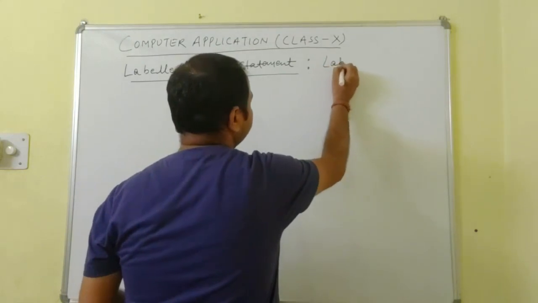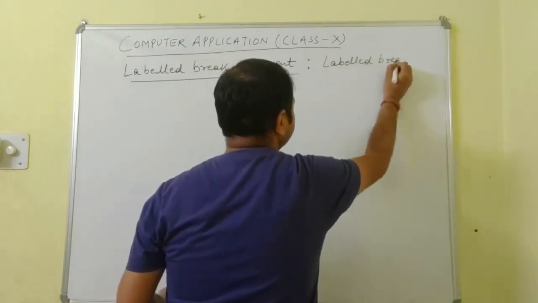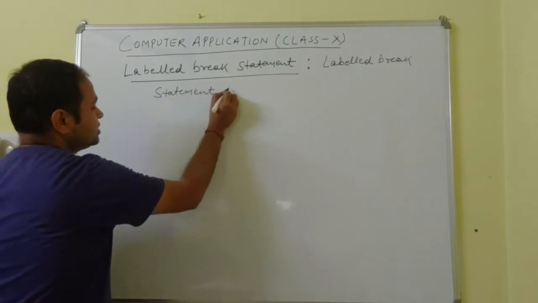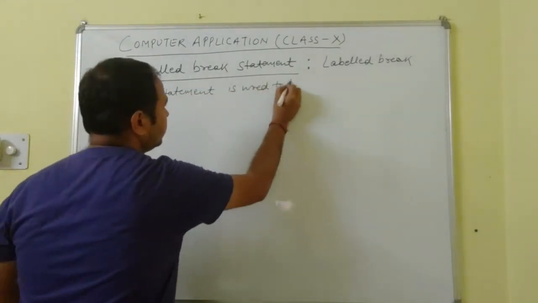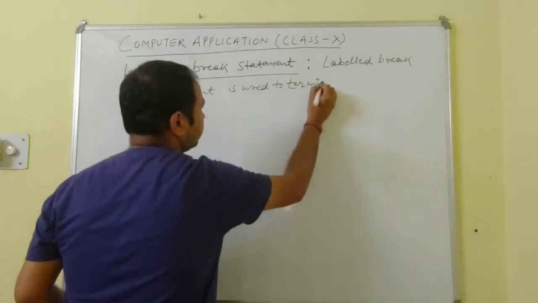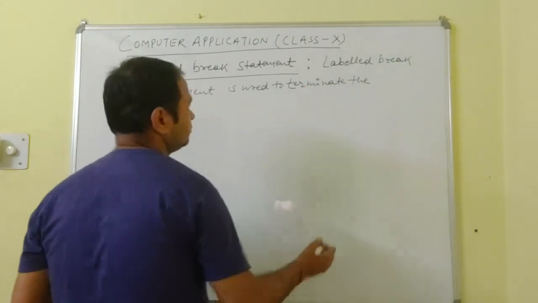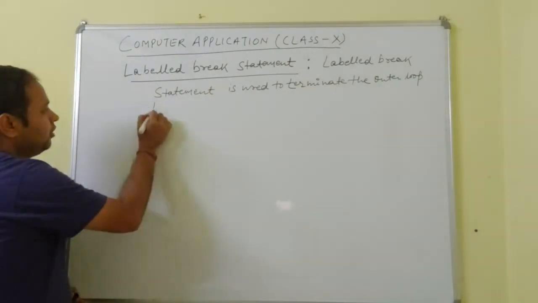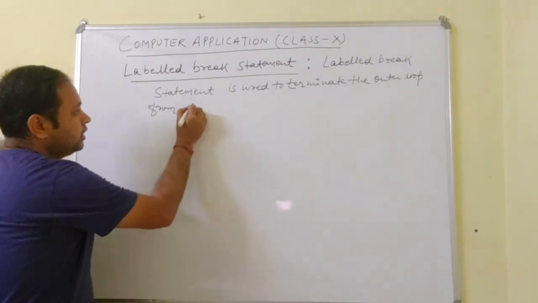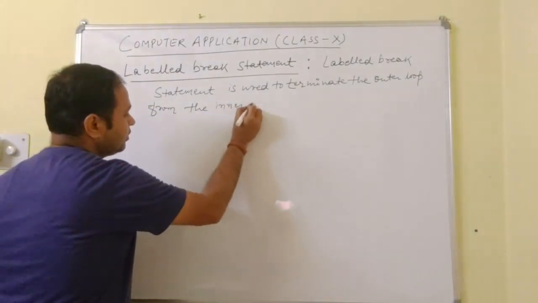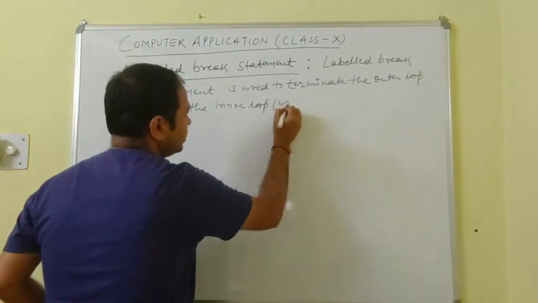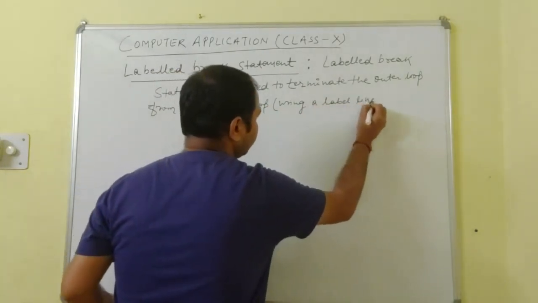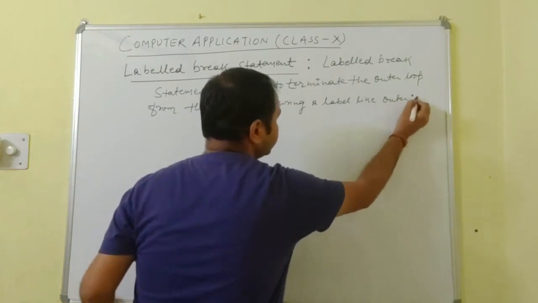So, label break statement is used to terminate the outer loop from the inner loop using a label like outer, and then we put a colon.